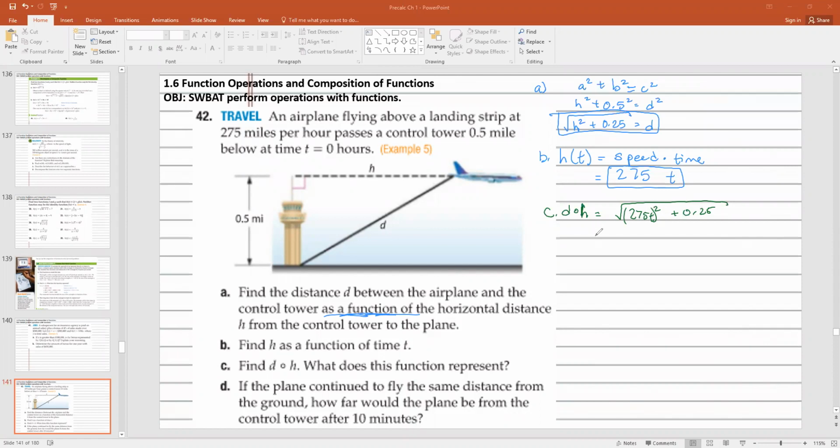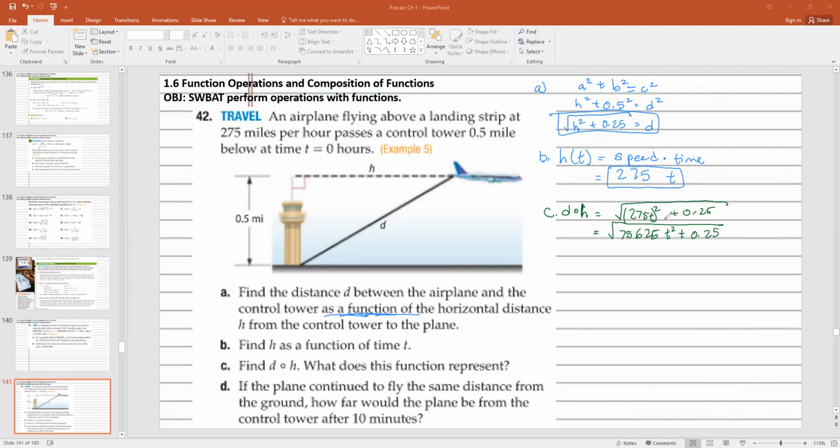Then 275 squared is going to give us 75,625. I did that in my head. No, I'm just kidding, I have it in my notes. And t squared plus 0.25. And what does this represent?